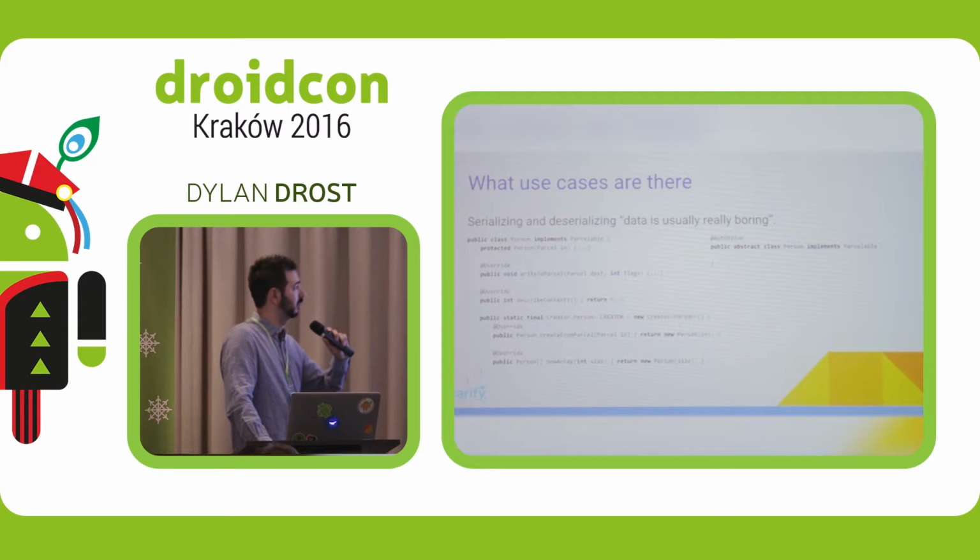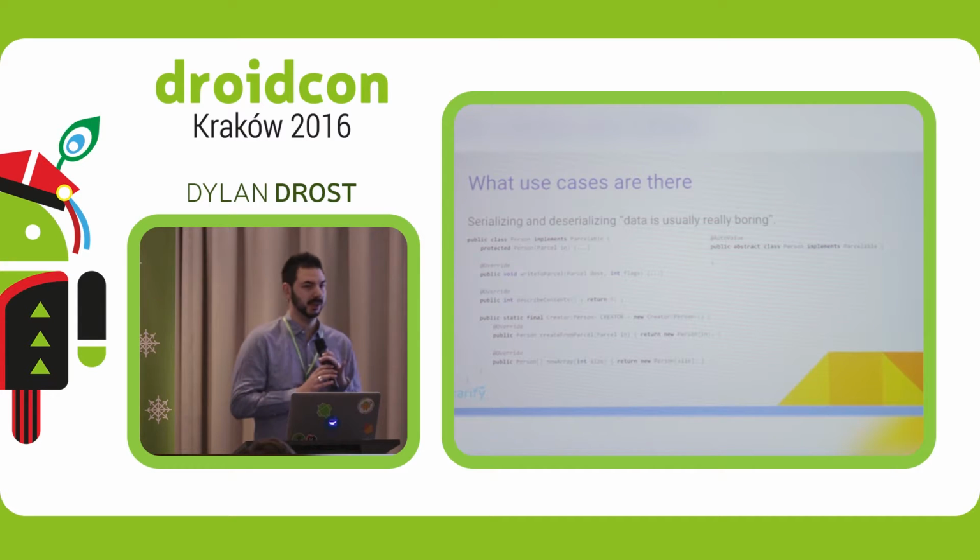Another part is serializing data, transforming it from or to JSON or Parcelable. If you look at the handwritten part of the person class to implement Parcelable, all this code has to be written to make it Parcelable, but this doesn't do anything yet. And you have to manually add the fields in the write to parcel and in the protected constructor.